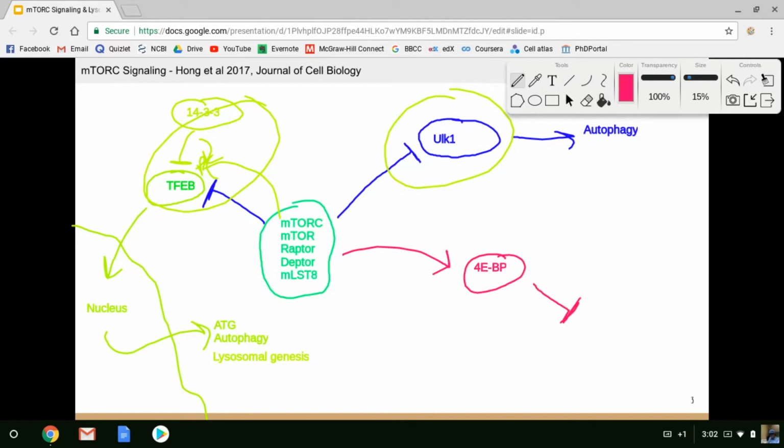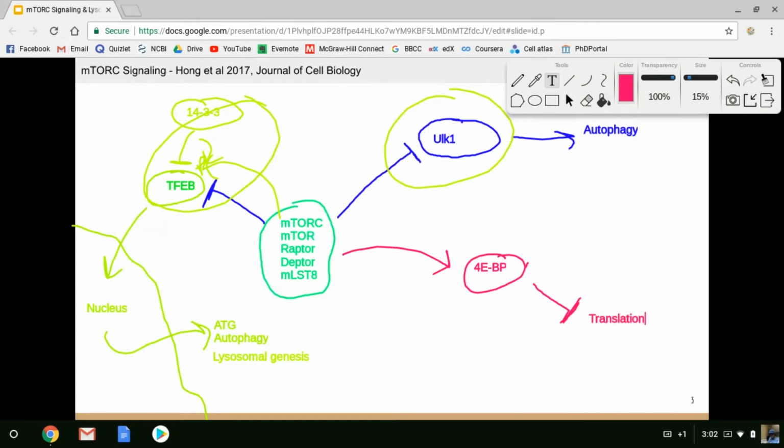translation. It binds to the 5' cap of mRNA, and it prevents that cap from recruiting EIF4G. And so basically, 4E-BP inhibits translation.